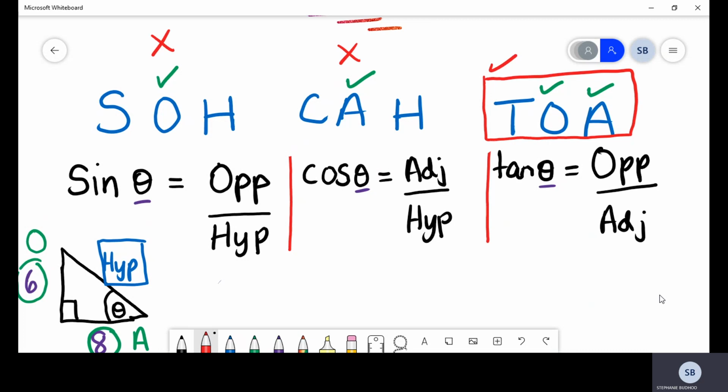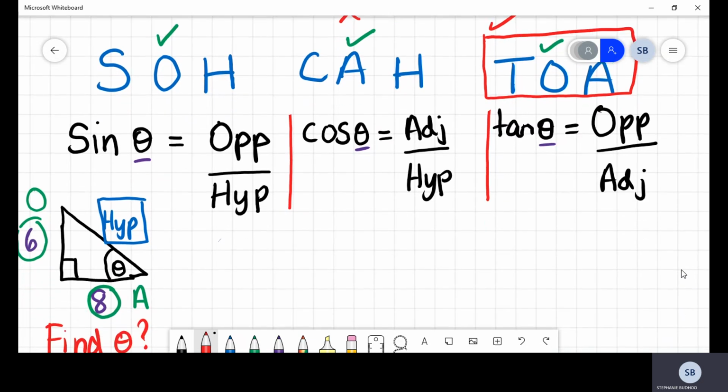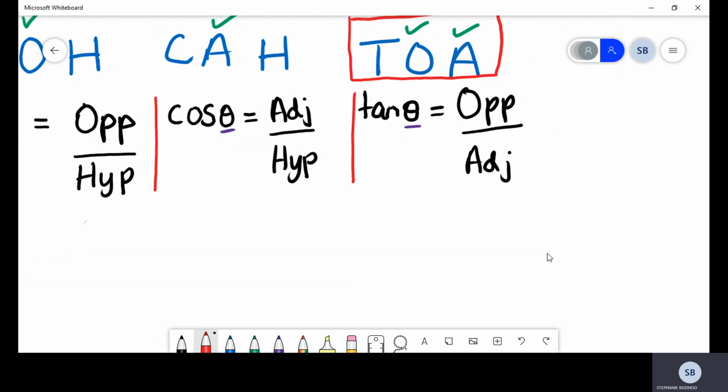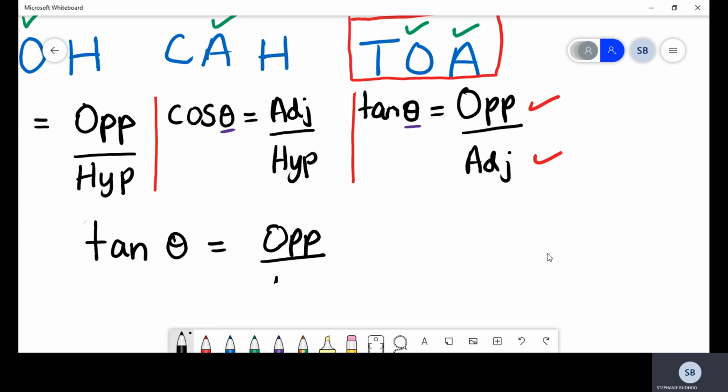Well, I'll help you guys. So we know that TOA stands for the ratio of the opposite to the adjacent. So let's write that down. So we are using tan theta, which is what TOA stands for, to be equal to the opposite over your adjacent.